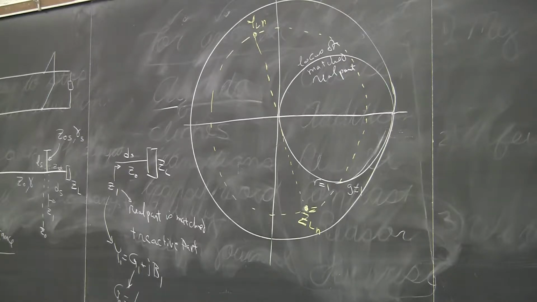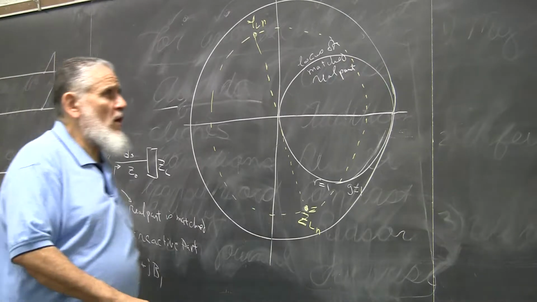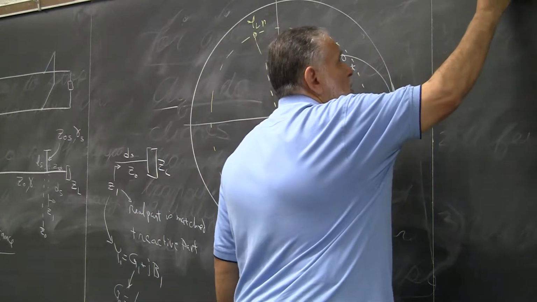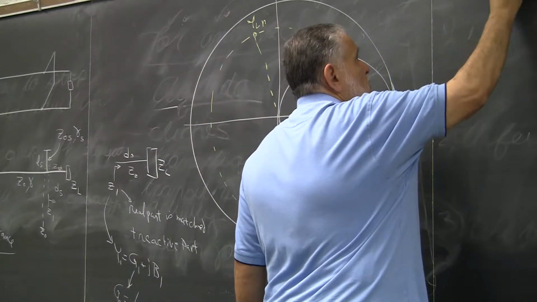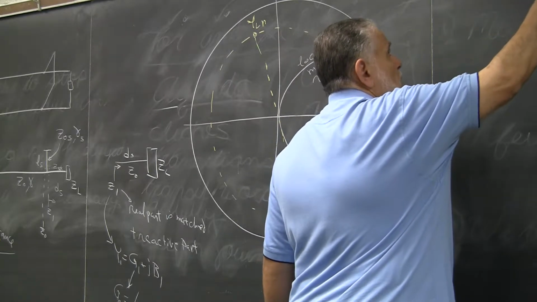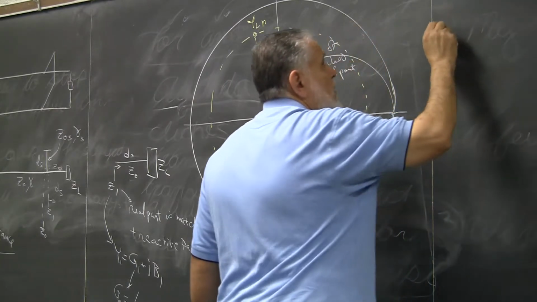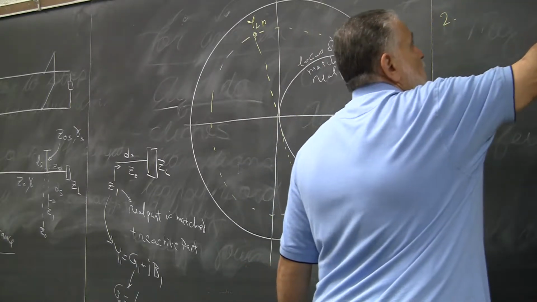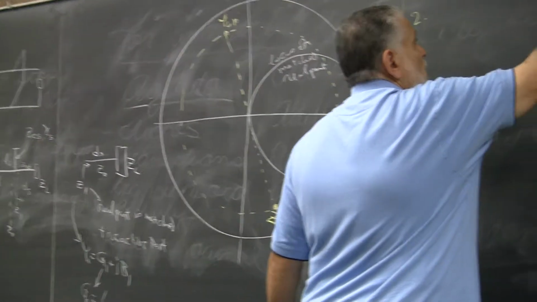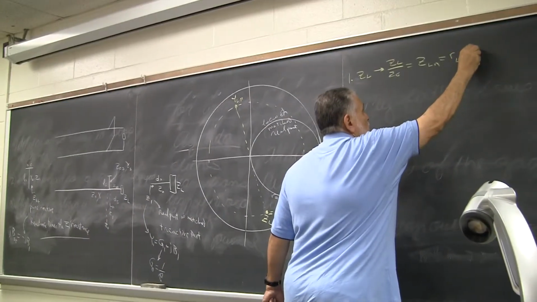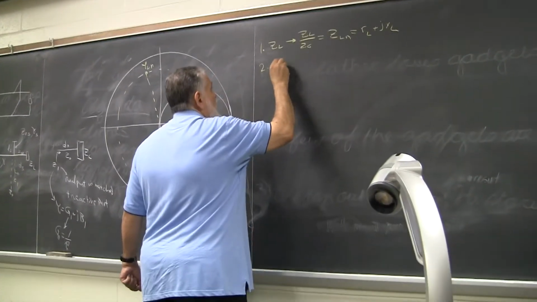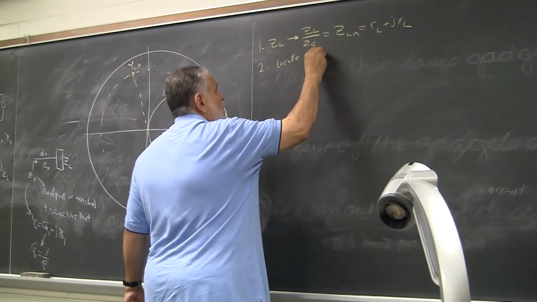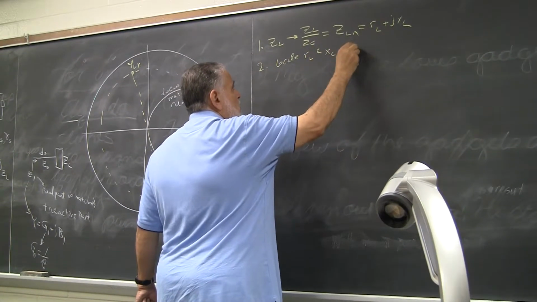So step number 1, if you want to write them as steps: ZL over Z naught gives ZL normalized. Step 2, that's equal to RL plus JXL. Locate RL and XL on the chart.